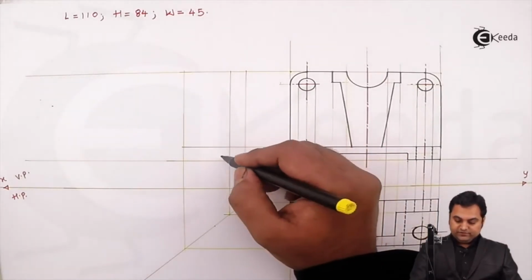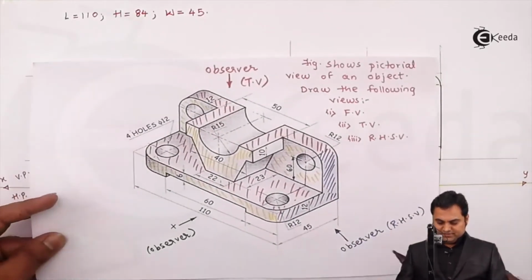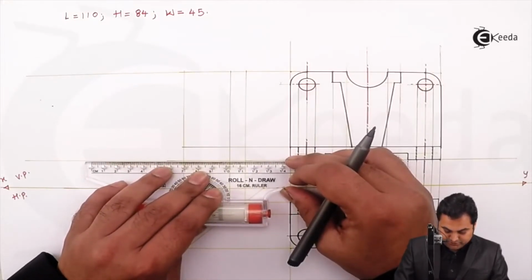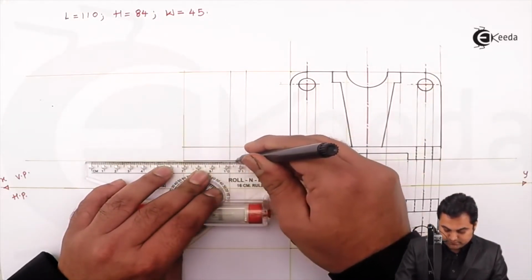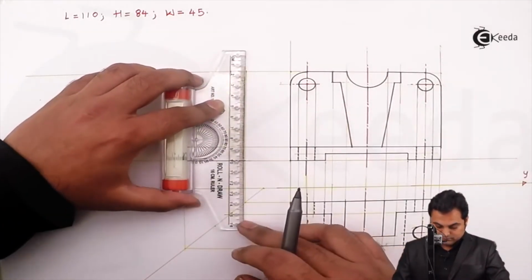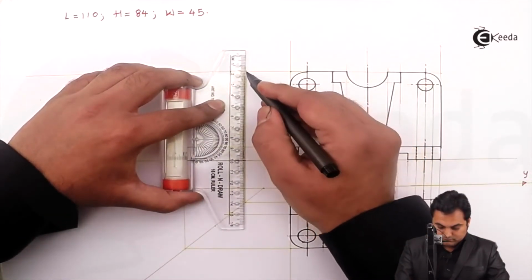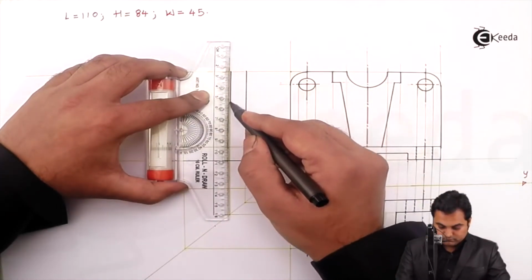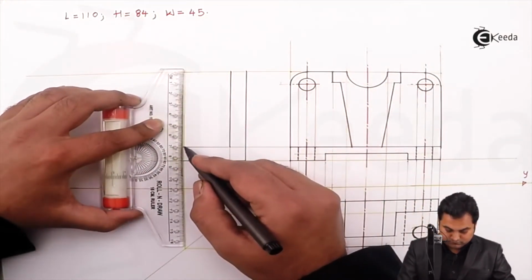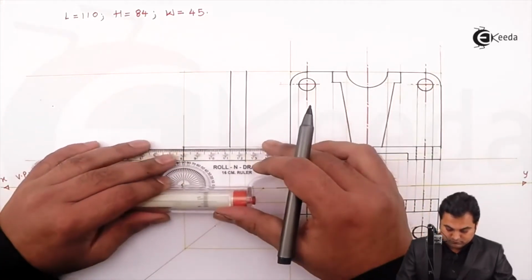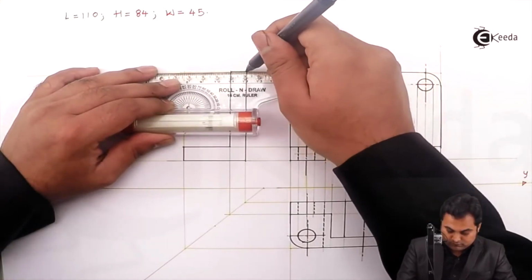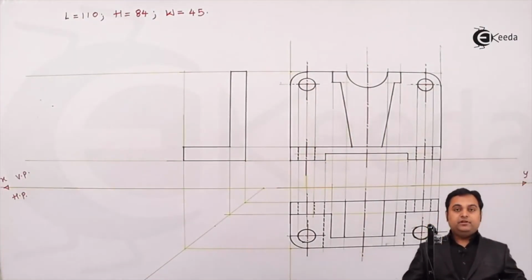So here is the surface which is seen as rectangle from the side view. I can directly make it dark because it is visible first. So this surface is visible.